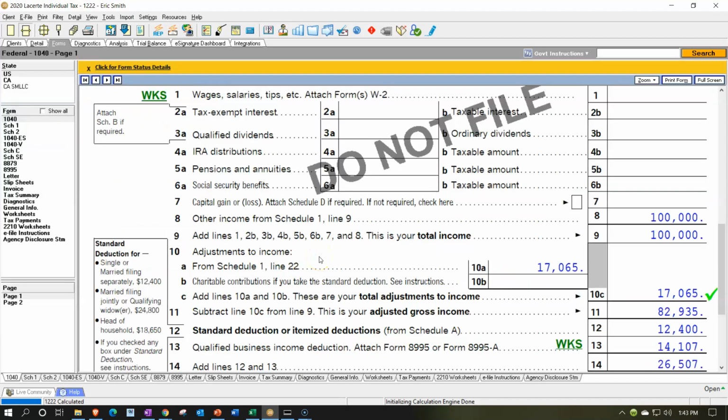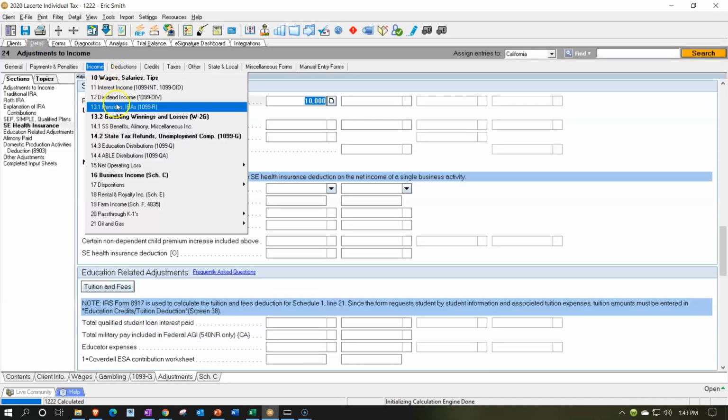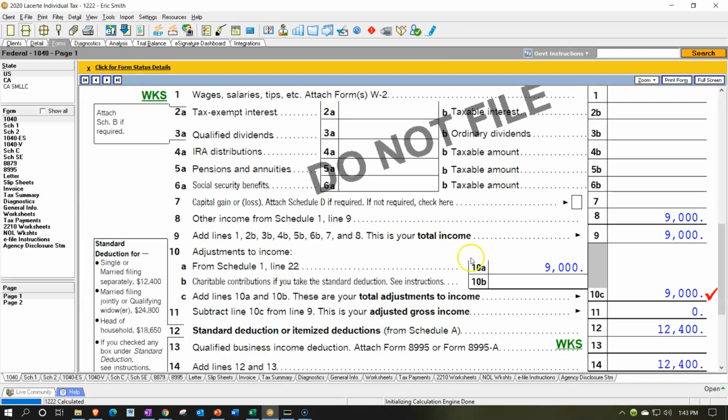Now, it will be limited to the amount of self-employed income. In other words, I cannot bring this to a negative number, basically a loss, due solely to the self-employed health insurance. So if I go back to the detail and bring this income for the wages down to 9,000, so 9,000 of income, and then I go back to my forms, the software will limit this deduction.